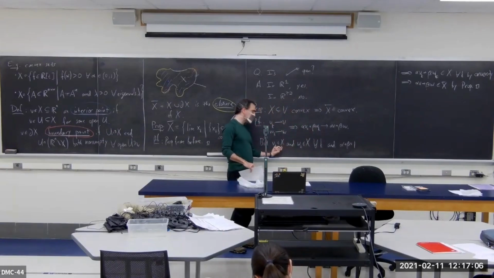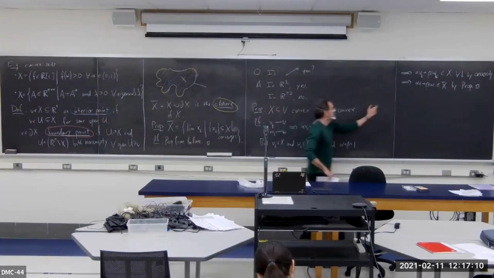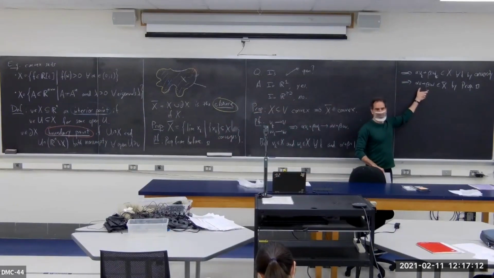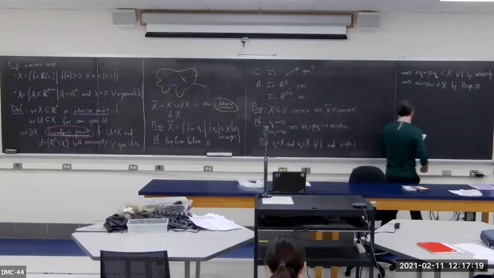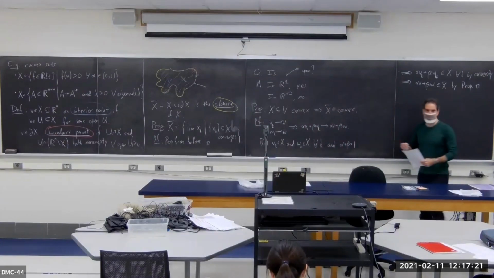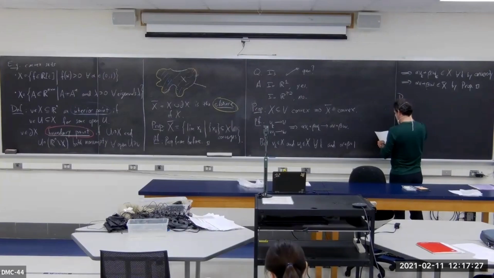So what this says is if V is in X bar and W is in X bar, then this convex combination of V and W is in X bar, and that means X bar is convex. Questions about that? Taking closures does not ruin convexity. That's the moral of that little story.